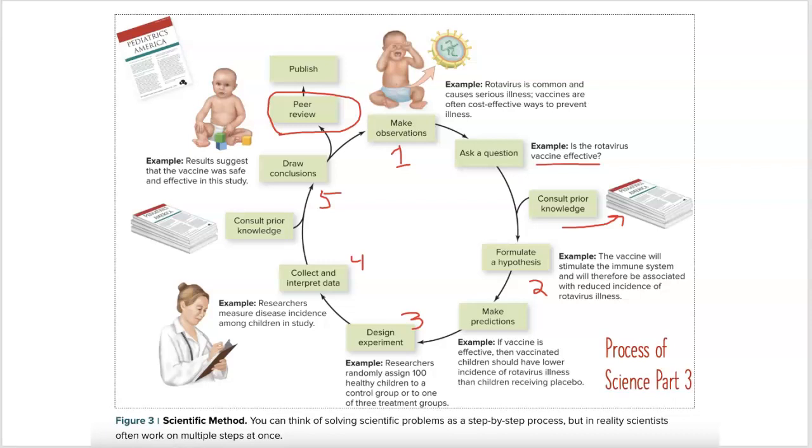And if you think it's accurate, you think your conclusions are solid, send it out for peer review. We don't want to trust something that has not been tested rigorously and peer reviewed and has had a large sample size. Those are all very, very important elements when it comes to trusting science versus pseudoscience.